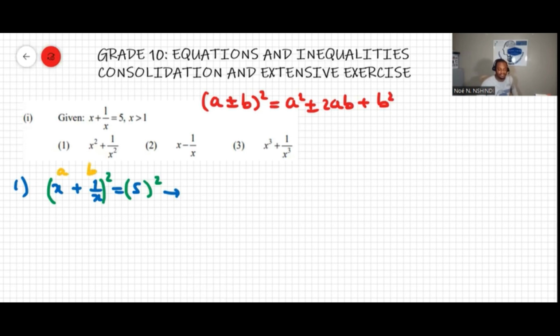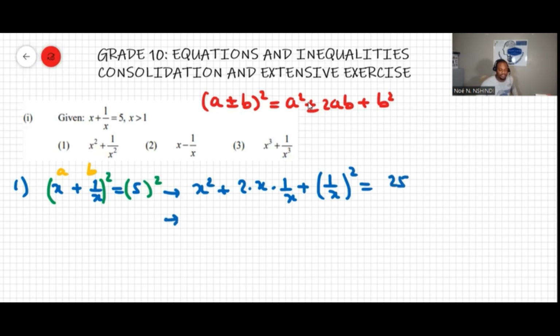So this would be x squared plus, because we're using the plus, we're not going to take the minus, plus 2ab, so 2 times x times 1 over x, plus b squared, so 1 over x raised to the power of 2, equal to 25.